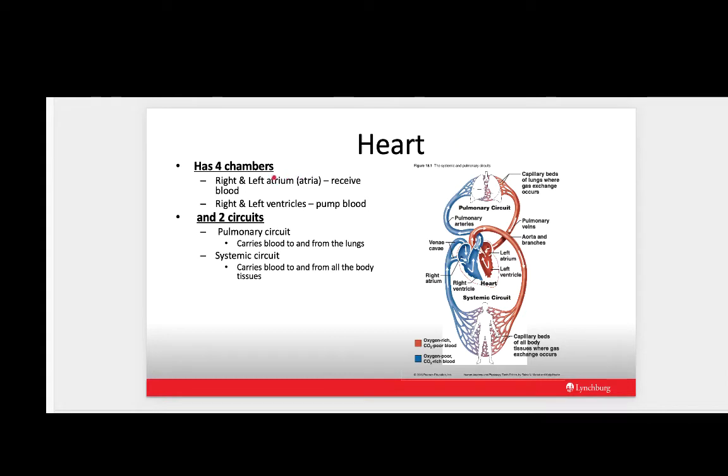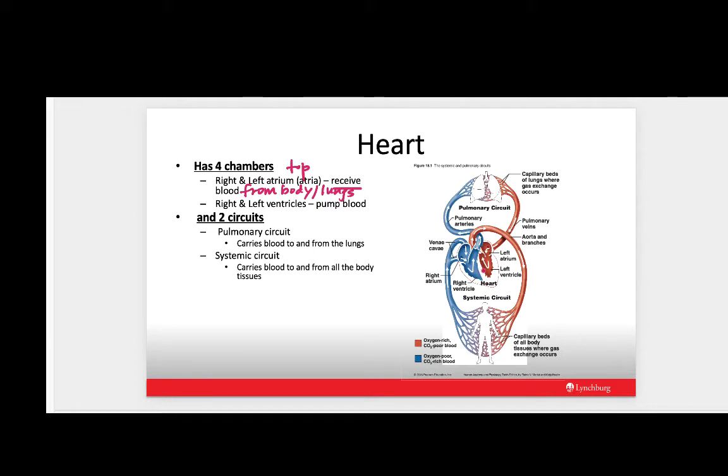The heart in general has 4 chambers. So it's got a left and right atria, which are the 2 chambers on the top. And they are called receiving chambers because they're going to receive blood from either the body or the lungs. Okay. And then we've got ventricles.